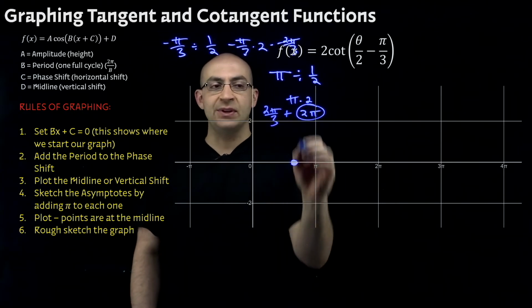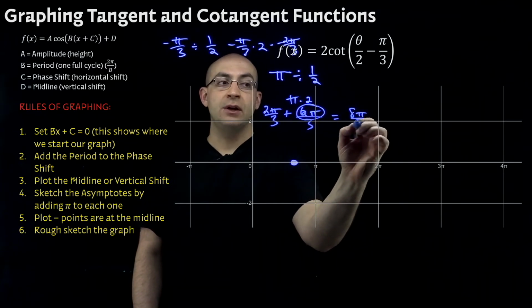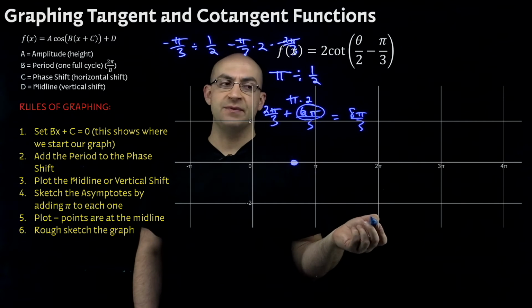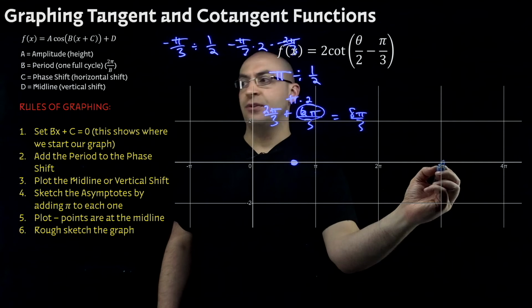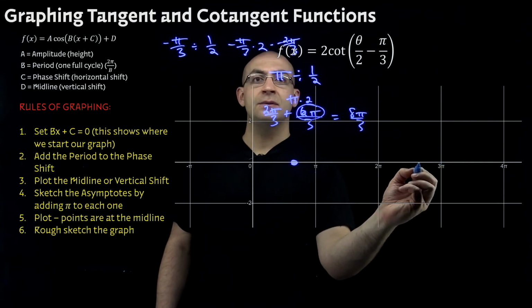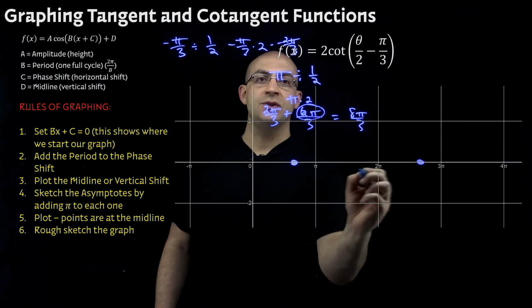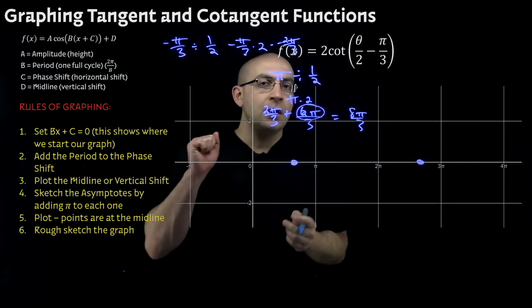So when I add those two things together, this is 6 pi over 3. I'm going to get 8 pi over 3, which is going to be the end of the period for this function. Well, if it was 9 pi over 3, it would be 3 pi right here. So 8 pi over 3 is probably going to be right about here, a third of the way between 2 pi and 3 pi. Now, here is our period for this function.